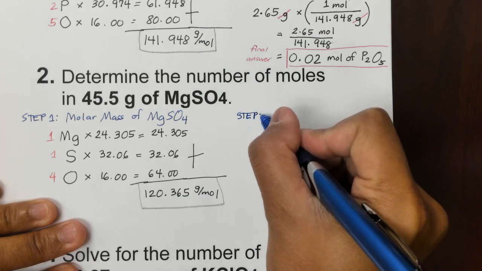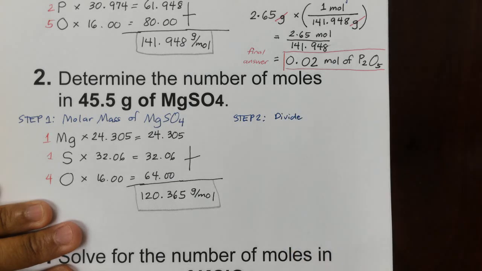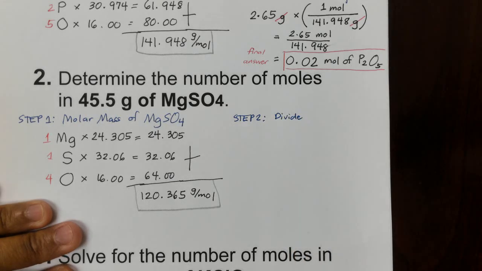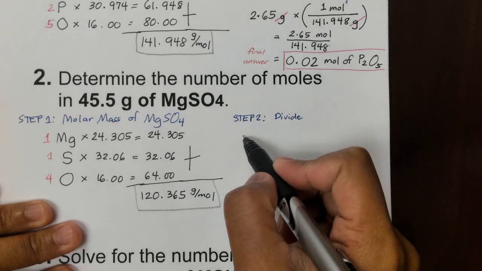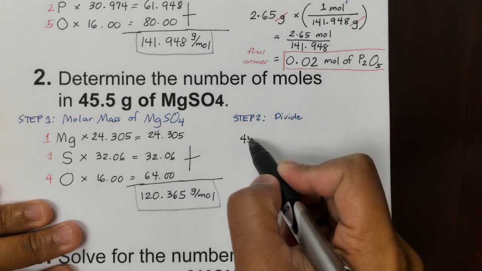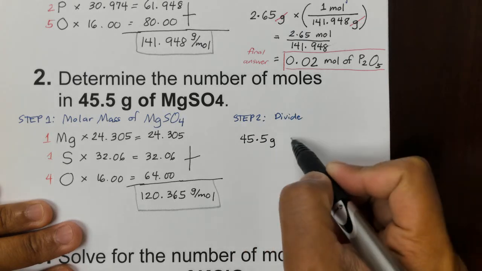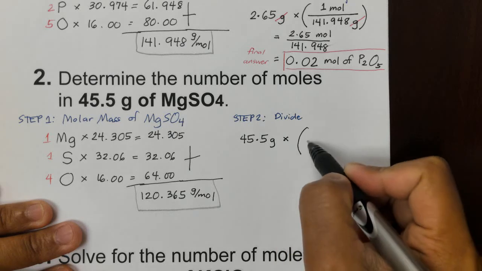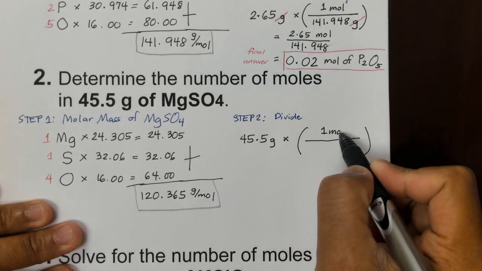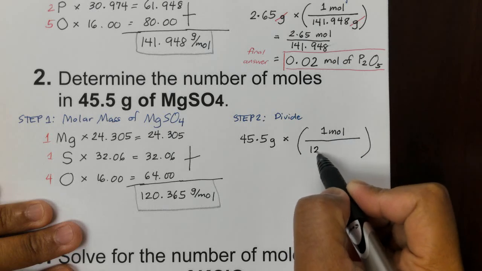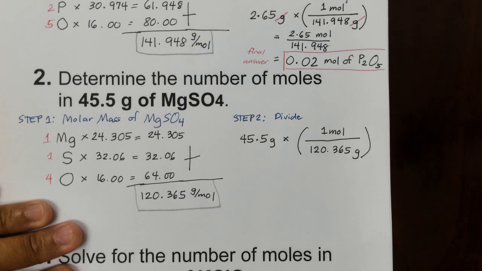Step 2 now is we're going to divide, the same process as the previous problem. We divide the given by the molar mass. As always, we write the given first, which is 45.5 grams. We multiply it by our molar mass value, but the 1 mole will be on top this time, and our 120.365 grams will be below it.